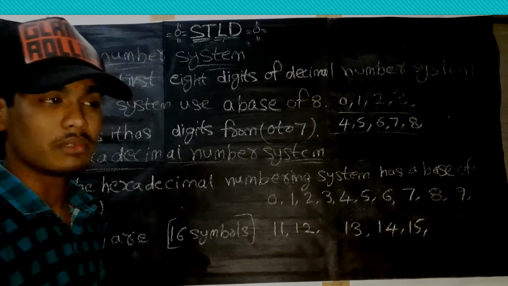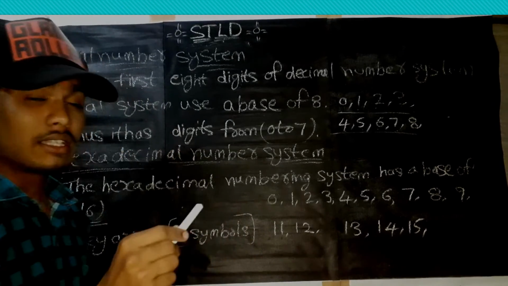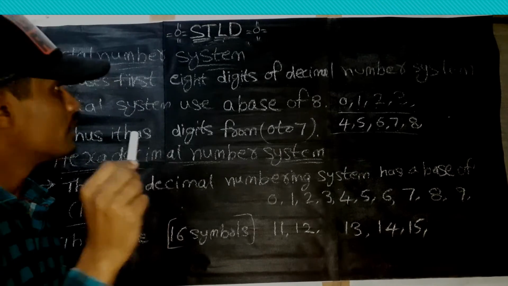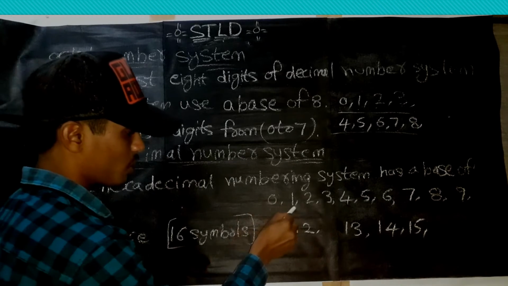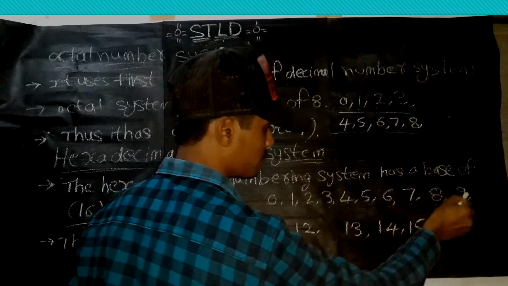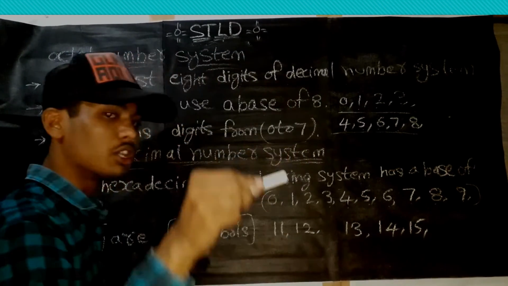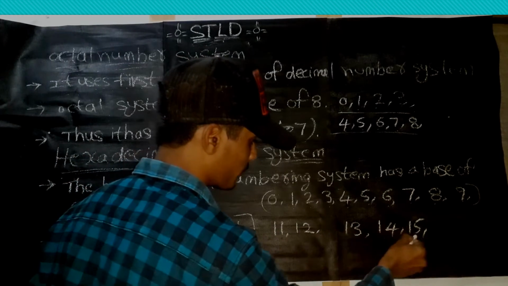There are 16 symbols, 16 digits. 0 to 9 are from the decimal number system: 0, 1, 2, 3, 4, 5, 6, 7, 8, 9, and then 10, 11, 12, 13, 14, 15.